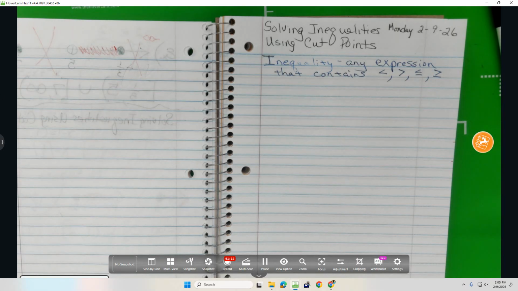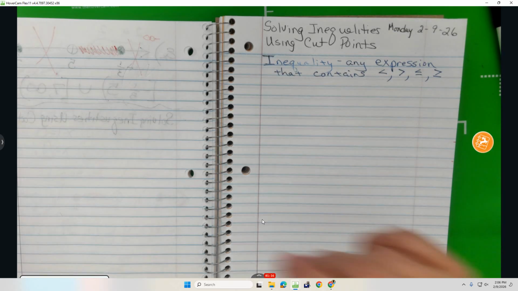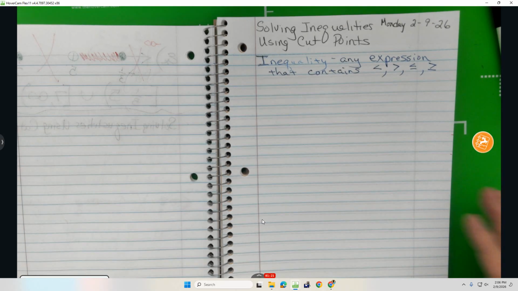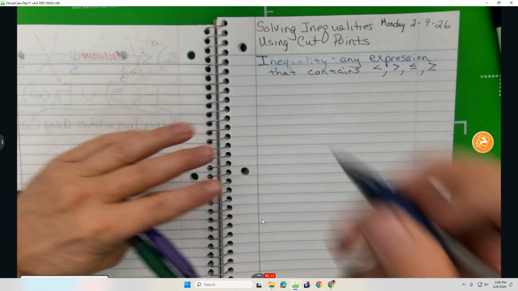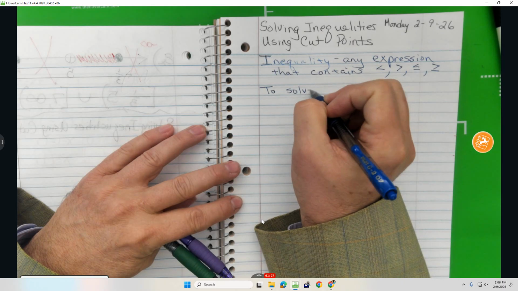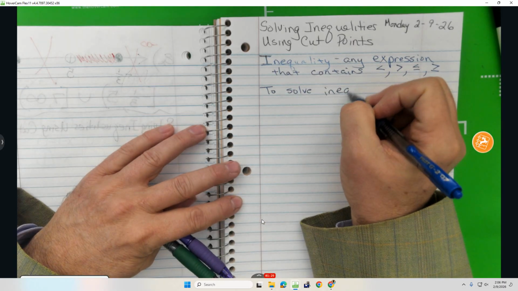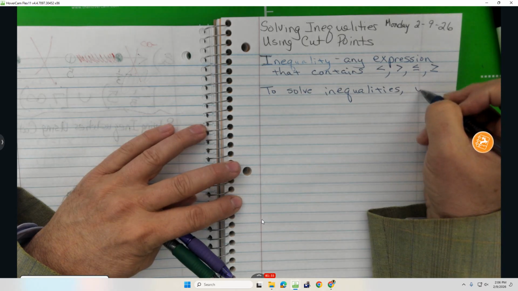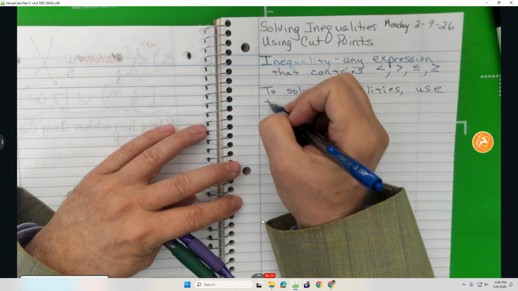And we'll be solving inequalities using the cut point method, and I'll be very consistent this semester. When I'm solving an inequality, I'll use cut points. I'll say, to solve inequalities, use the cut point method.